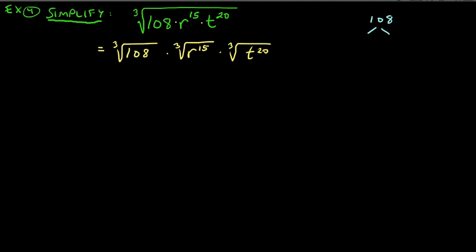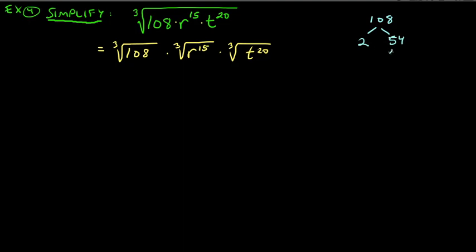Okay. Well, then maybe just divide by 2. We'll worry about that later. If you divide by 2, you get 54. 2 times 54 is 108.